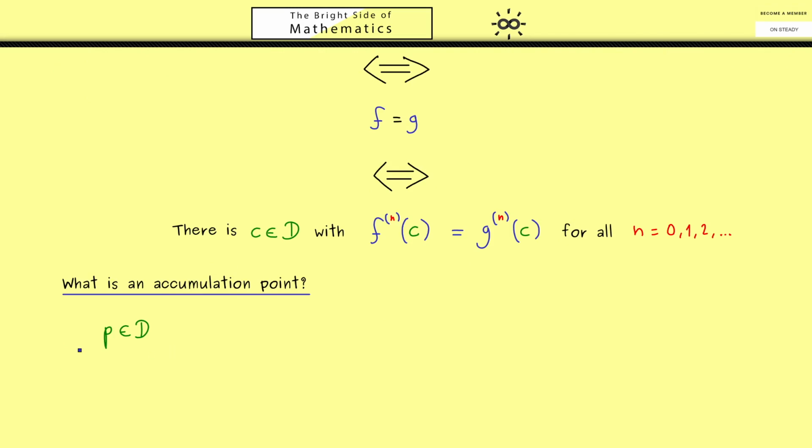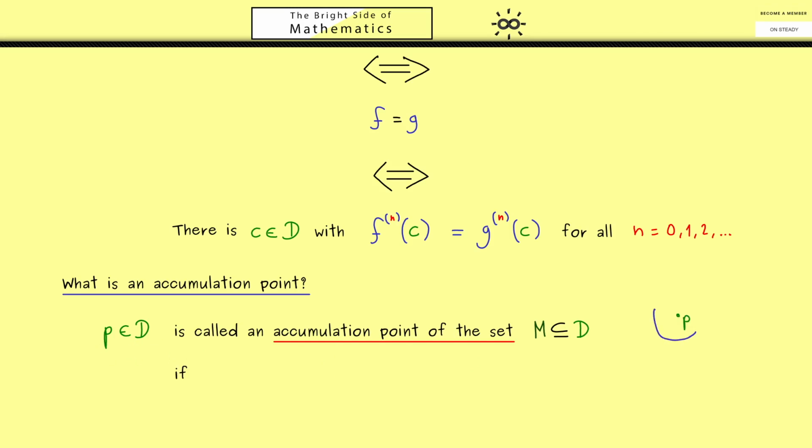Okay, so we take a point p in D, and it is called an accumulation point of the set M, where M now can be any subset in D. So the first thing to note here is that the notion accumulation point is always with respect to a given set. And the second thing is that the point p can be an element in M, but it does not have to be. The only thing we need is that it has a lot of neighbors lying in the set M around it.